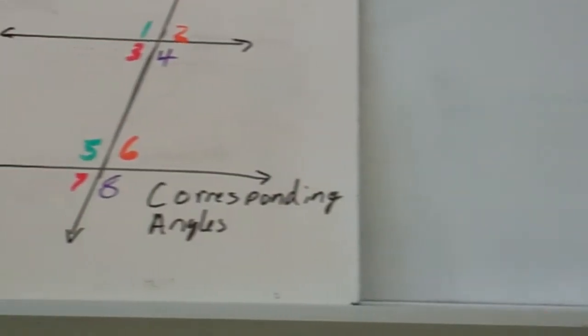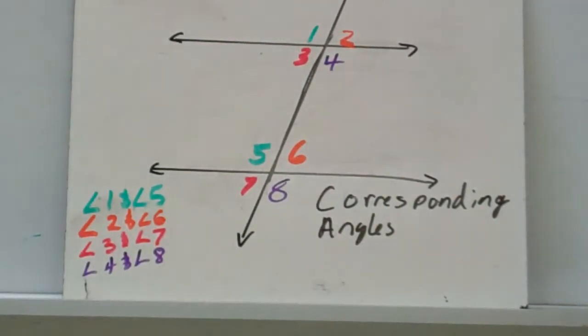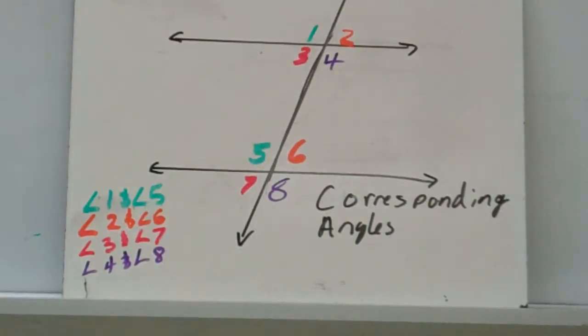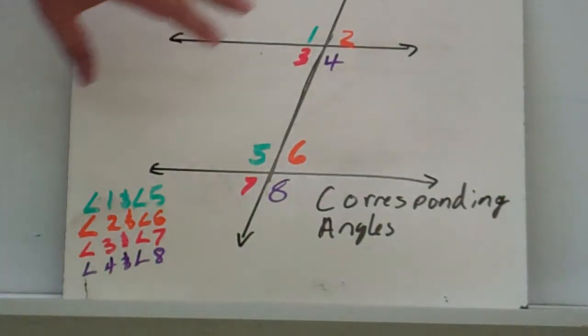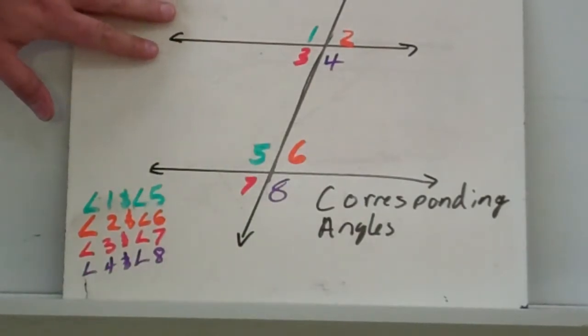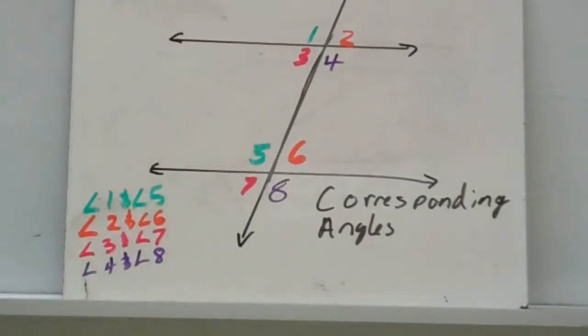Finally, we have corresponding angles. Now, if you look at the transversal, you may have noticed that it pretty much makes two identical figures. There's the one on top here and the one on the bottom there.